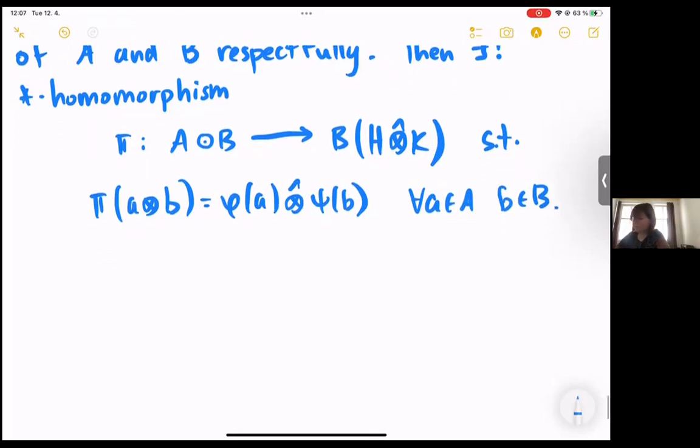And moreover, if both these maps are injective, then so is pi.